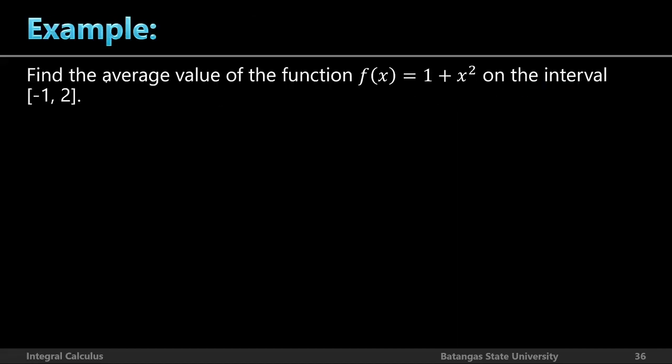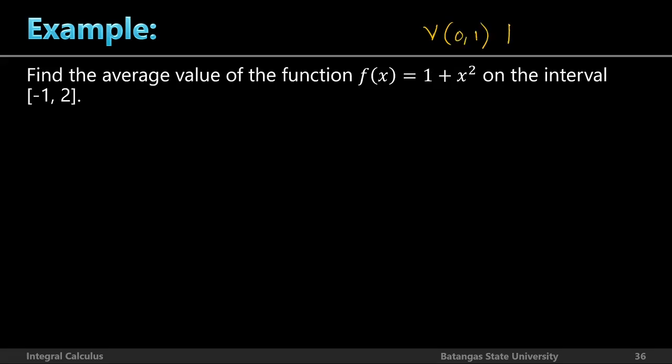Here's the first example. Find the average value of the function 1 plus x squared on the interval -1, 2. Okay, so first, you may recognize that this function is a parabola, right? It's a parabola opening upward whose vertex is at 0, 1.